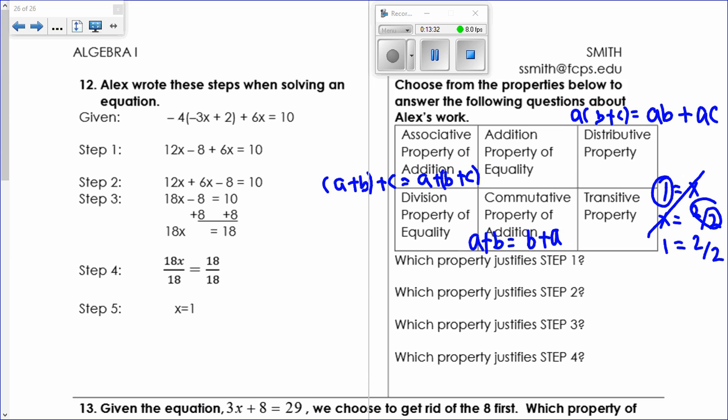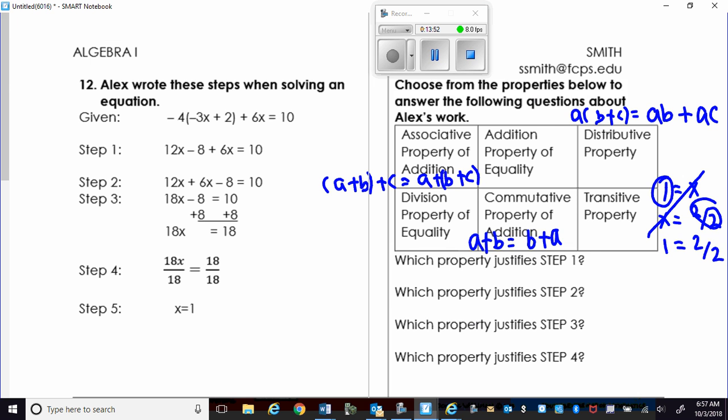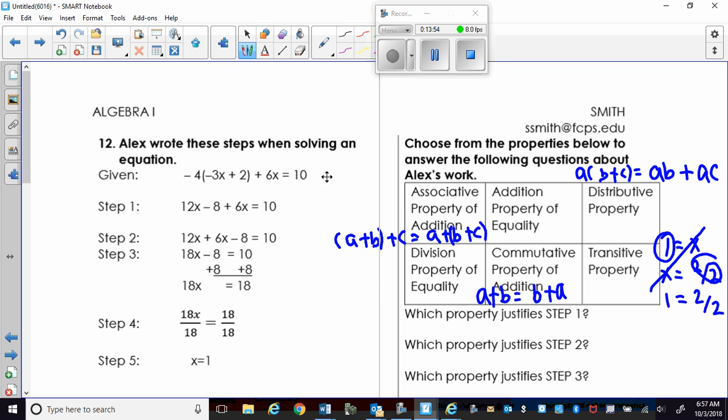So in order to do these problems, you look at either the step itself or the previous step and go to the next step and see what changed. So just a good example will show you what I mean. It says, which property justifies step 1? So I'm going to look at what has changed. I'm not doing anything to step 1, but something has been done to get to step 1.